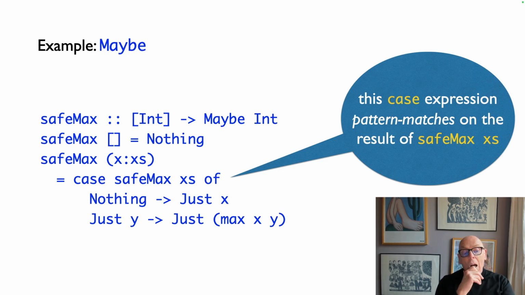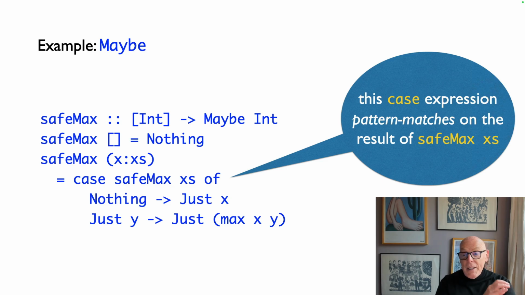Now, the maximum may be x, or it may come from getting the maximum of xs. But remember, when we apply safe max to xs, it will return something of type Maybe Int. So we know its answer is going to look like Nothing or Just y.